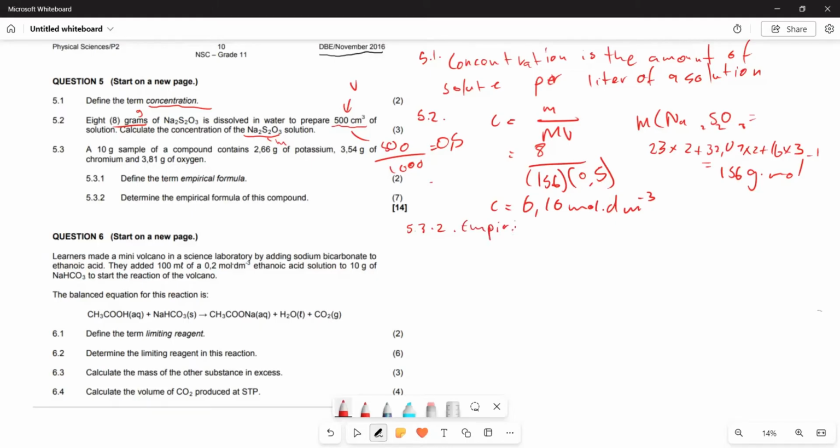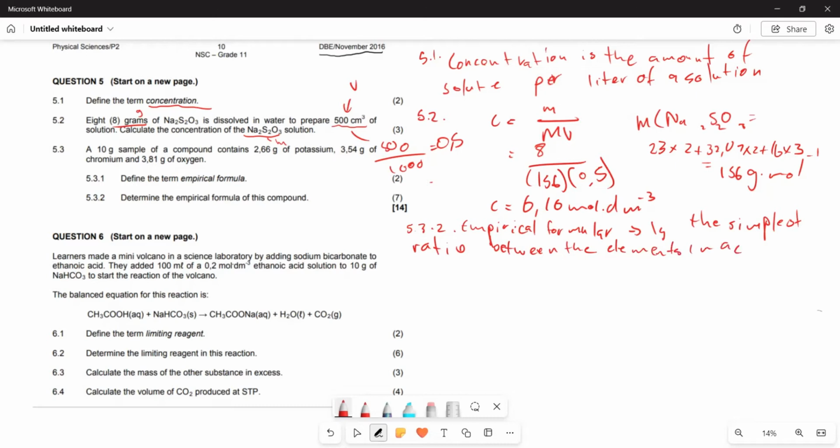I think we know that your empirical formula is your simplest ratio. It is the simplest whole number ratio between the elements of a compound. So empirical formula is the simplest ratio between the elements in a compound.